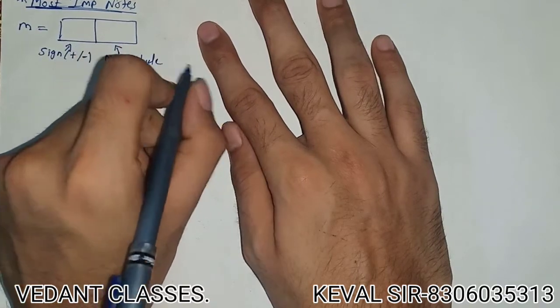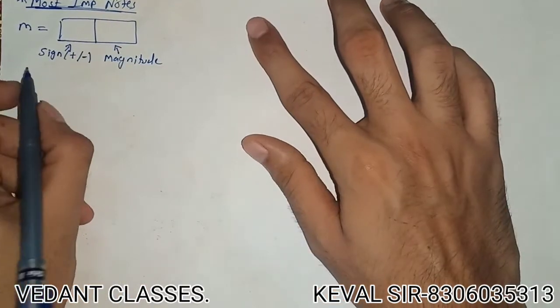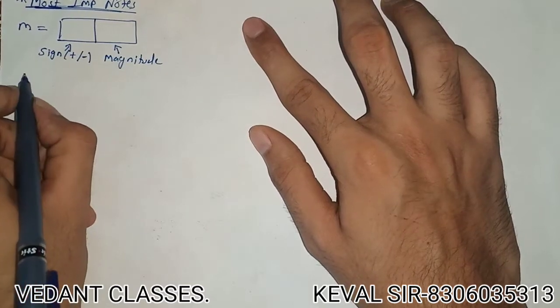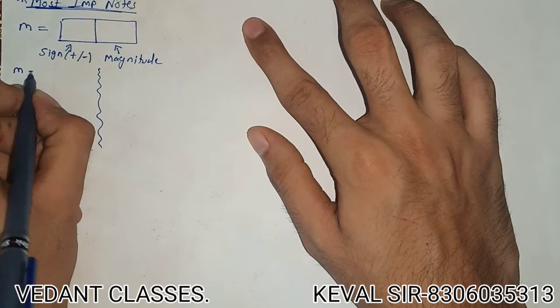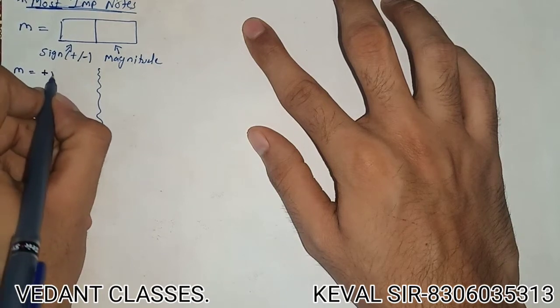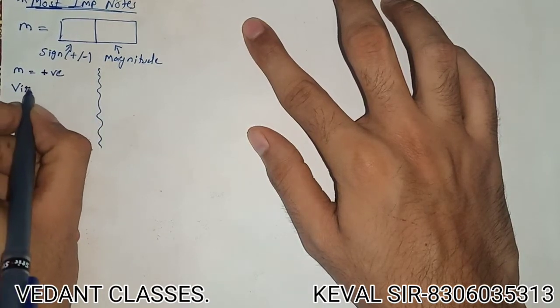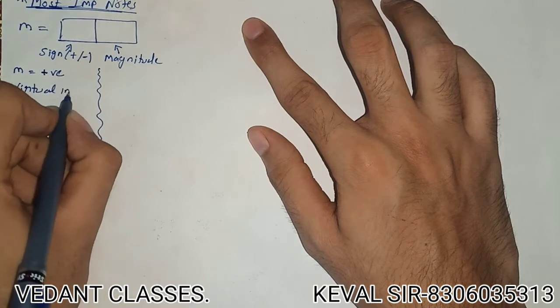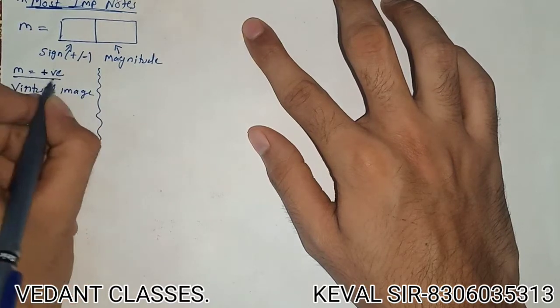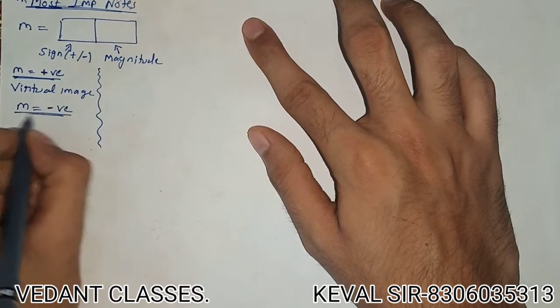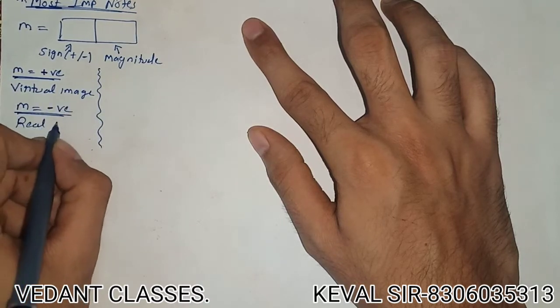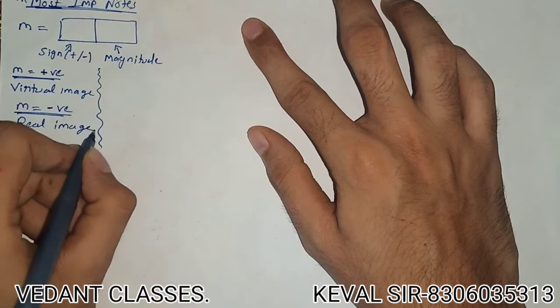So how can we identify the type of image? If magnification is positive, then it will form a virtual image. If the value of magnification is negative, then it will form a real image, okay.